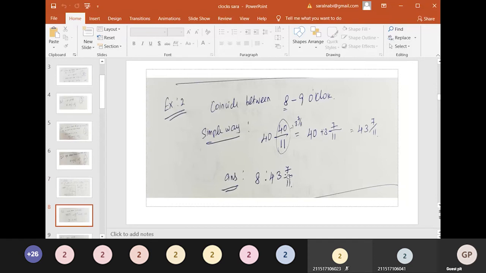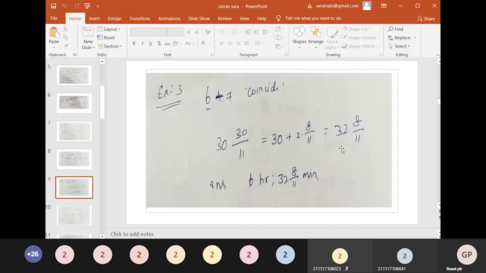Were you able to understand the second concept? How will you find out the coincide time? At what time do the hour and minute hands coincide? In the same manner, now proceed to the third example of this concept. Find out the time when the hour and minute hands coincide in between 6 to 7, they asked.